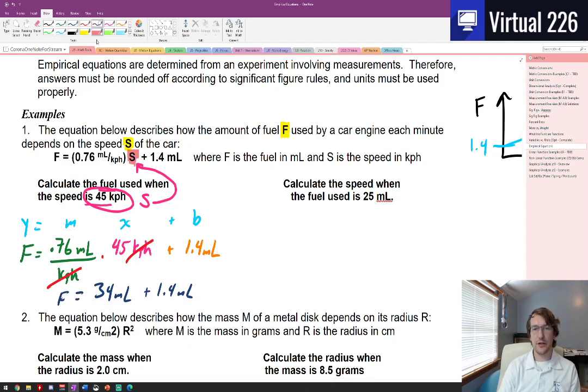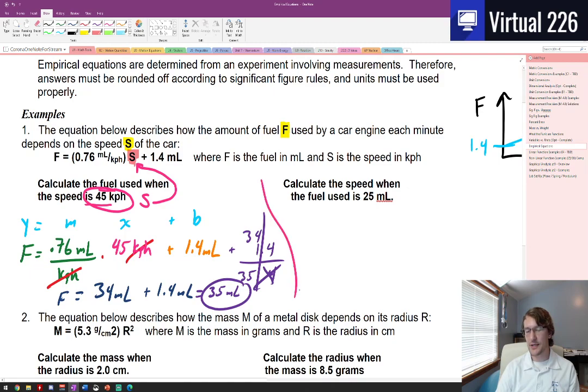You want to be careful here. I wrote it left and right, but if we think about the buzzsaw, this is going to be 34 and 1.4 that we're adding together, and if we buzzsaw this, we're going to get 35.4 here, and that 0.4 is going to go away on the buzzsaw. So our final answer here is just 35 milliliters, okay?